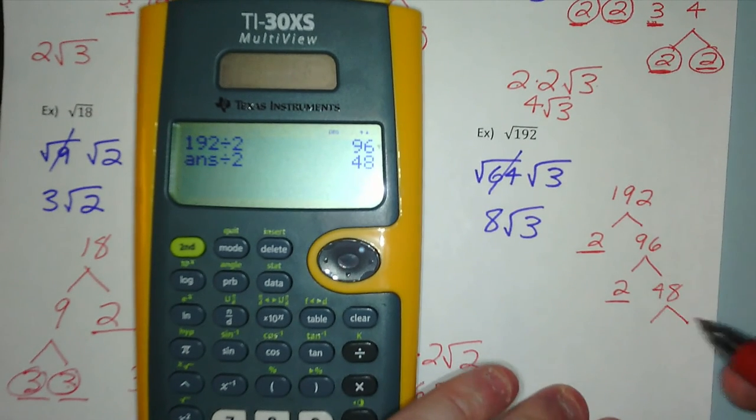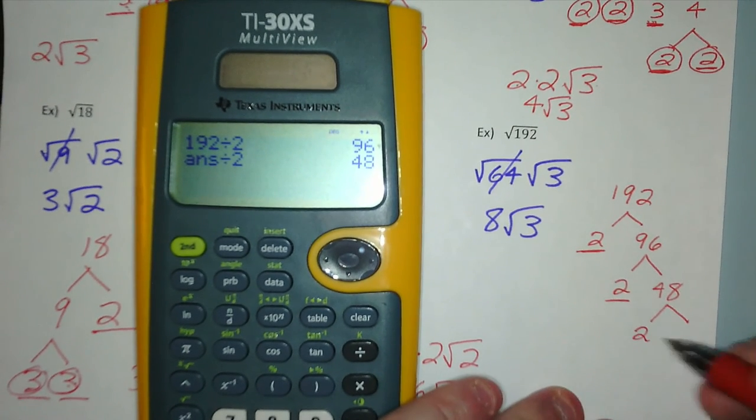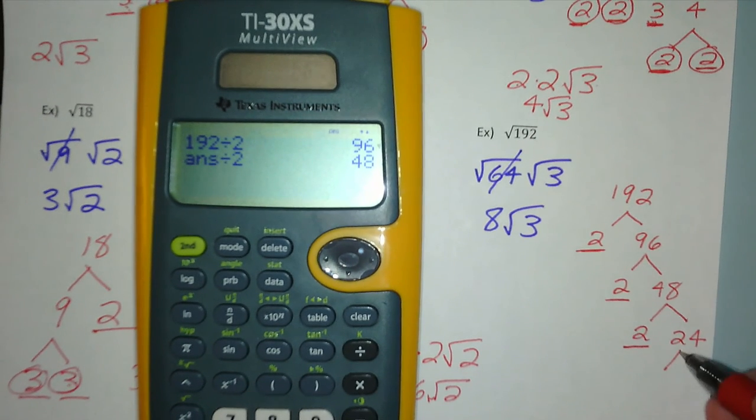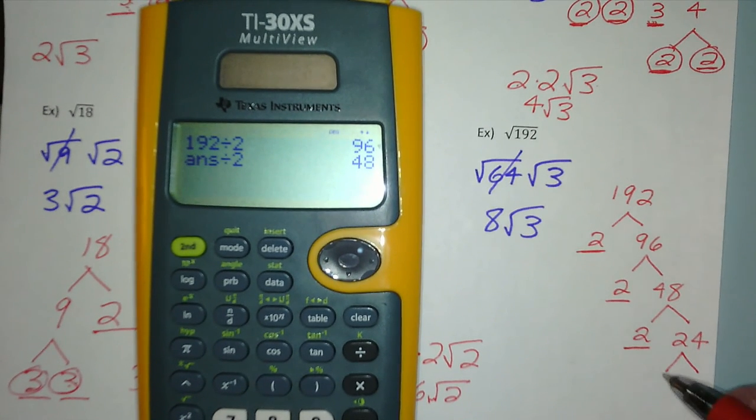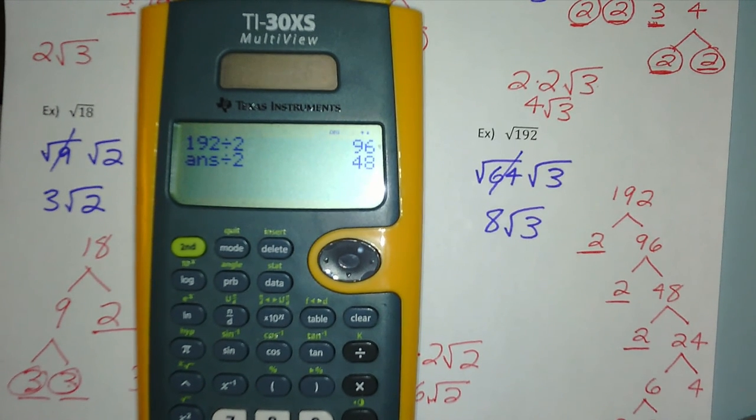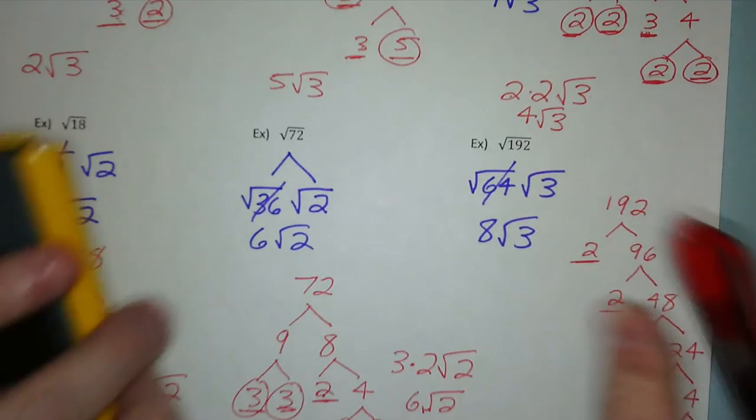Now 48 is 2 times 24. I don't want to keep doing this. Let's do it with the 2s. That's weak sauce. So 24 is 6 times 4. So 6 gets broken down again. Again, you just break it down all the way.